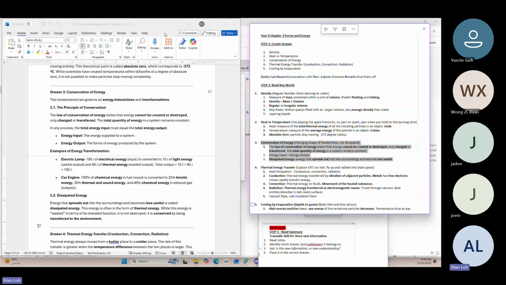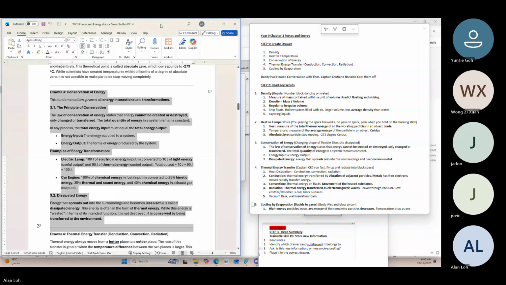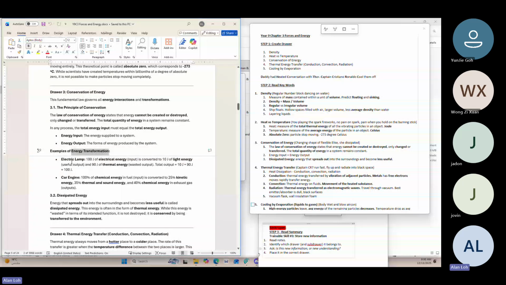Jovin, your mic is off. Energy transformation. The example of energy transformation, right? The electrical lamp. You're right, okay? So it is over here, but it's not over here.